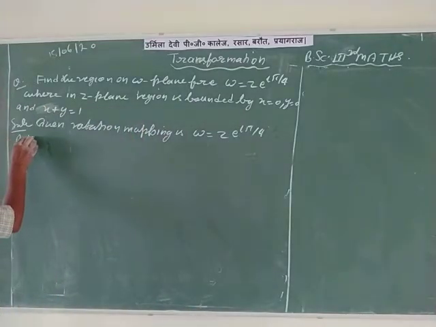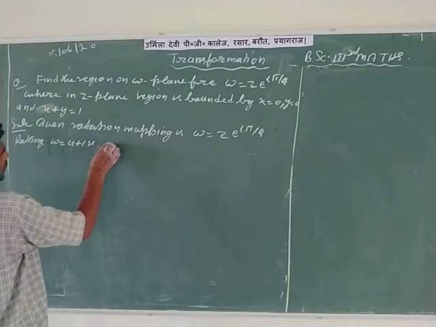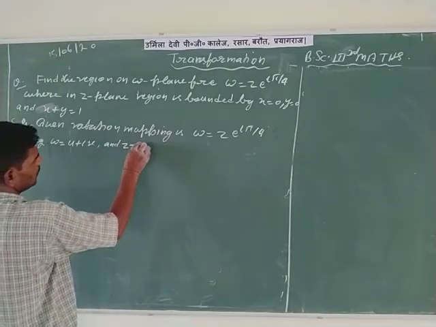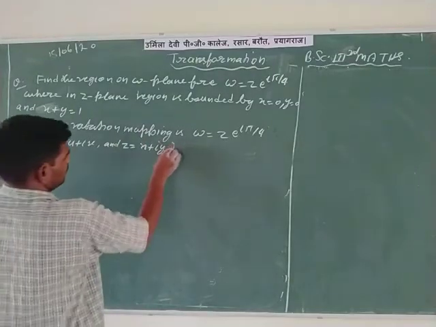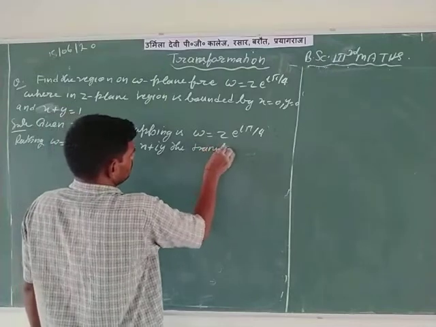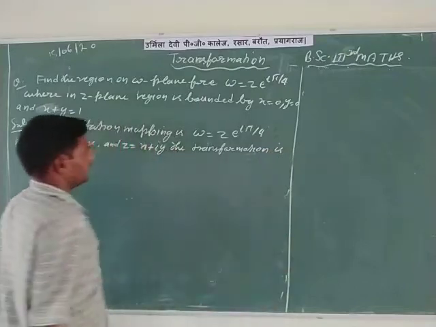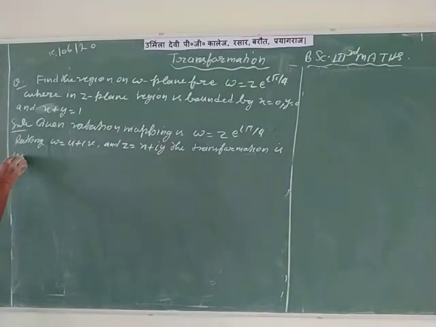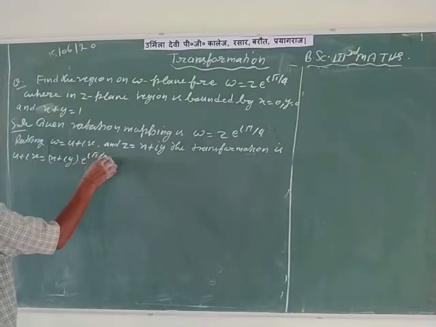Putting W is equal to u plus iv and Z is equal to x plus iy, the transformation is u plus iv is equal to x plus iy times e to power i pi by 4.